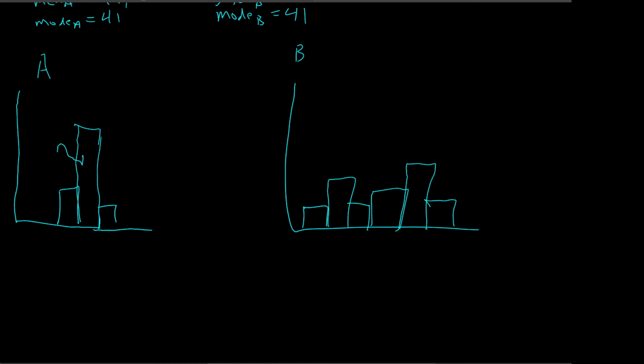Most of the stuff in A is clustered near the mean, while B is more spread out. We can see that from the range alone. The range covers a larger distance in the numbers.